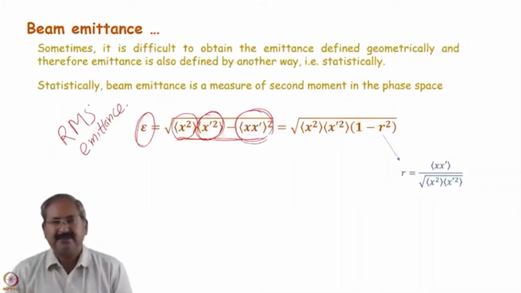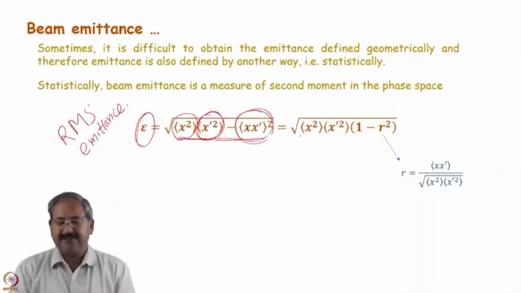So emittance can be defined geometrically by taking the area of the largest ellipse, or you can define the emittance using a statistical formulation if you know x and x prime of each particle.